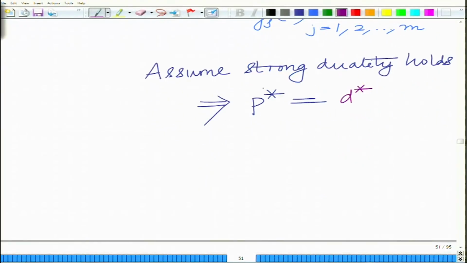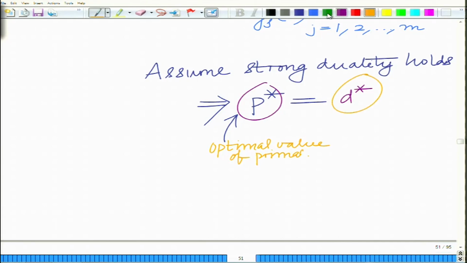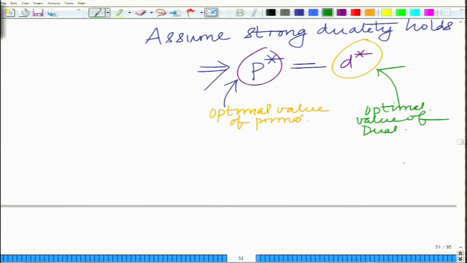You get the dual optimal value D star, and if strong duality holds, then P star equals D star. So, P star is the optimal value of the primal problem, and D star is the optimal value of the dual.